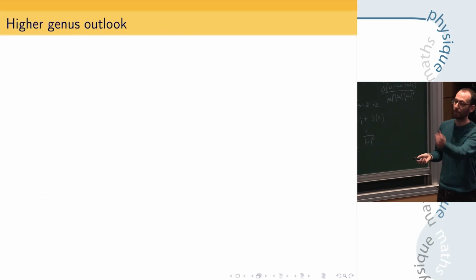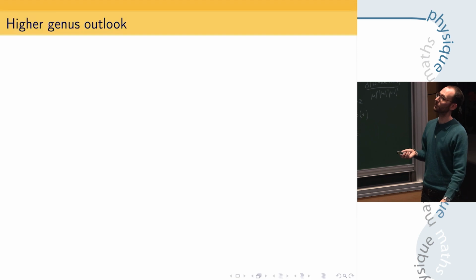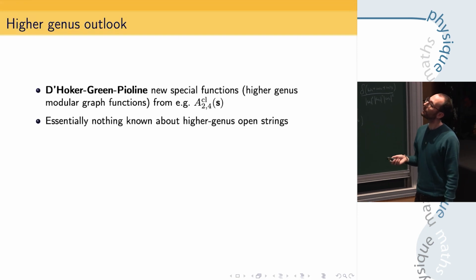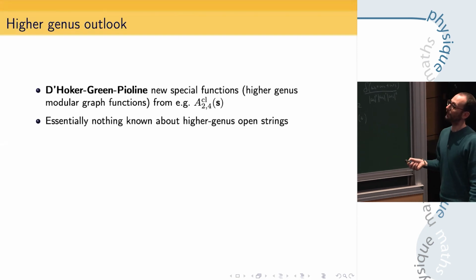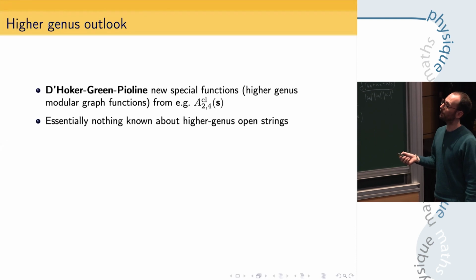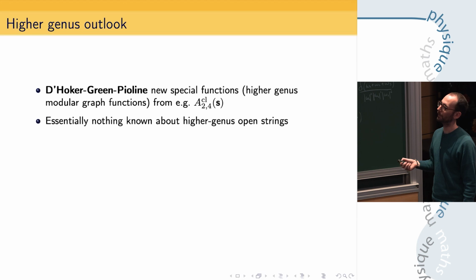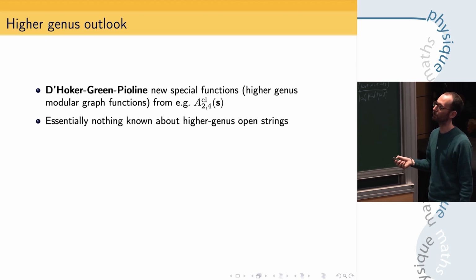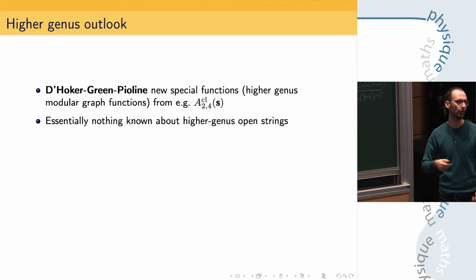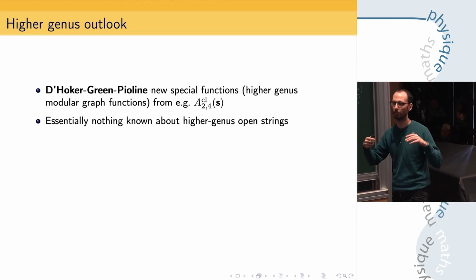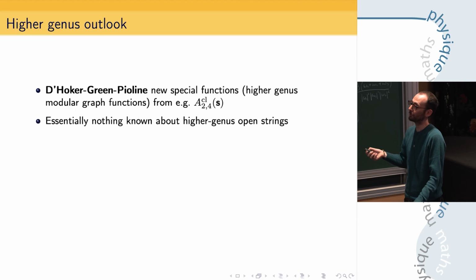And let me conclude with a higher genus outlook. So in string theory, in closed string theory, in the last years, very brave people looked at these genus 2 amplitudes and found new special functions which generalize some Arakelov invariants. So they're interesting new special functions.